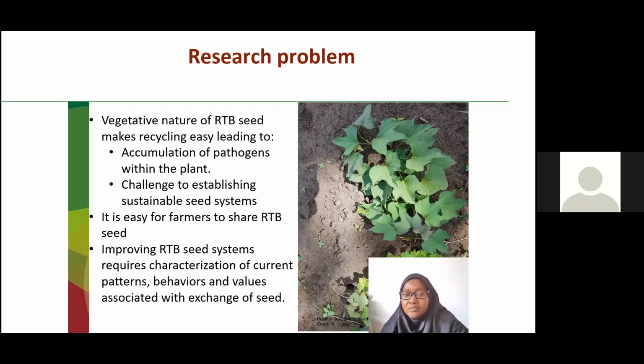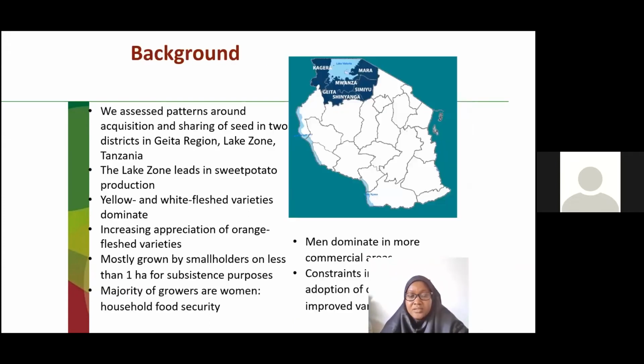Thus, improving the RTB seed system will require characterization of current patterns, behavior, and values associated with the exchange of seeds. In this study, we assessed the patterns around acquisition and sharing of seeds in 2 districts, Geita and Bukombe. Those 2 districts are located in Geita region, in the Lake Zone in Tanzania.